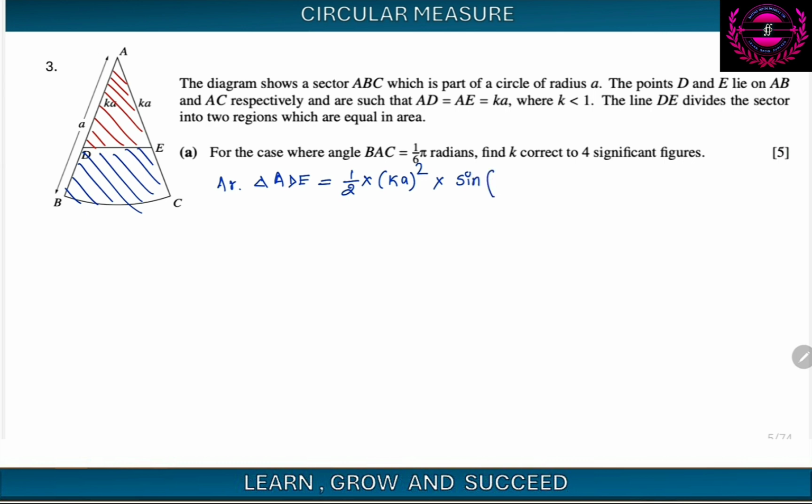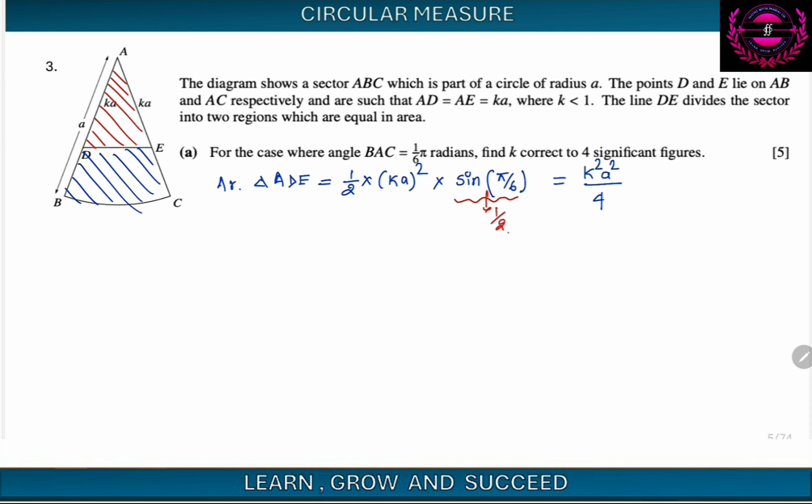Theta is the angle between the two sides, which is given to be pi by 6. Pi by 6 is 30 degrees. So we know sine 30 is 1 by 2. The area of triangle ADE is now K square A square divided by 4, as sine pi by 6 is 1 by 2.